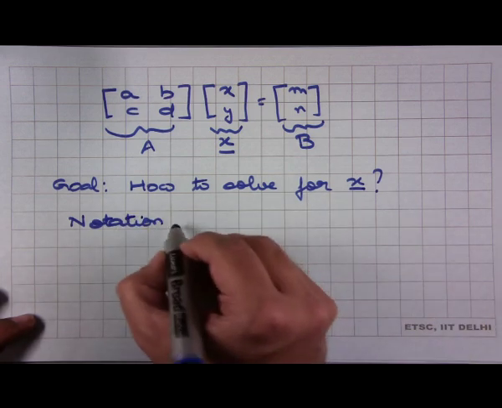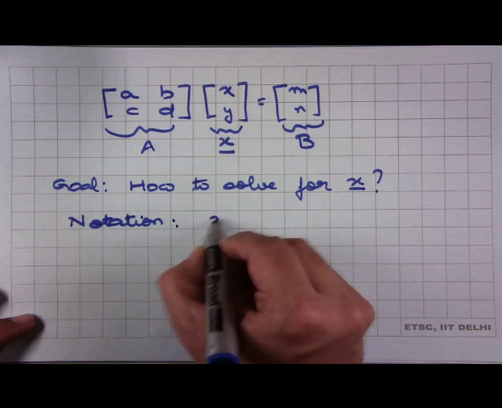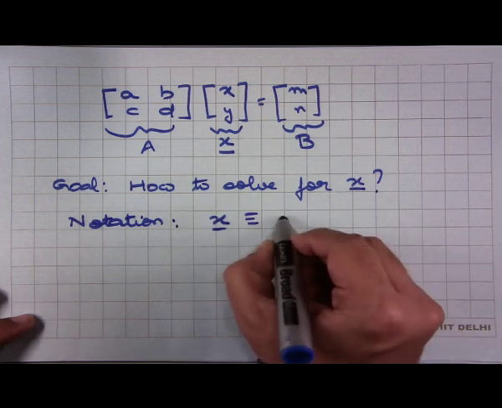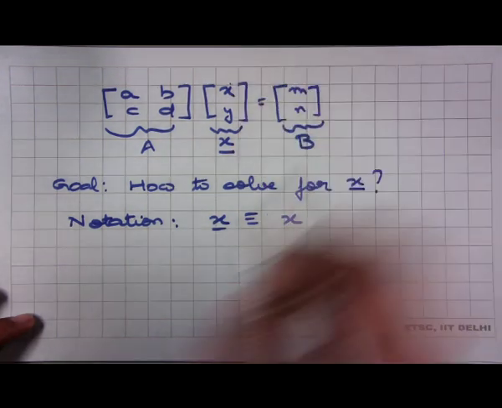Once the context is clear, we are going to replace the vector x with just ordinary notation x, not to be confused with the scalar x.